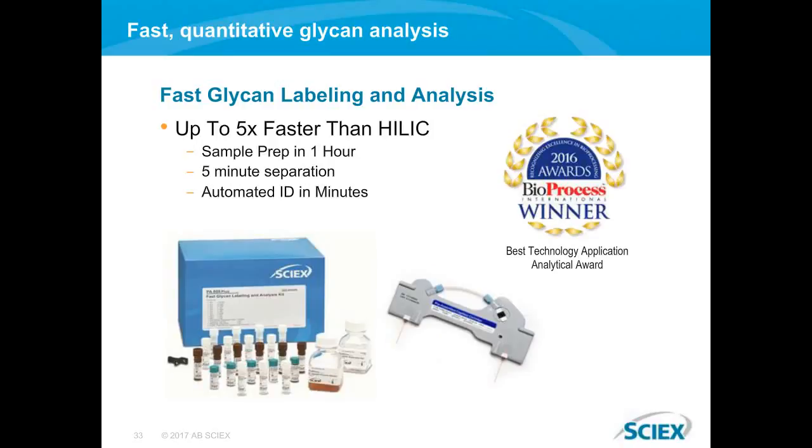So the fast glycan labeling and analysis kit really works up to 5 times faster than HILIC. The sample preparation takes 1 hour, the separation itself is 5 minutes, and identification is automated in a very short time period. The kit provides all components necessary for the work, in addition to a pre-built cartridge.